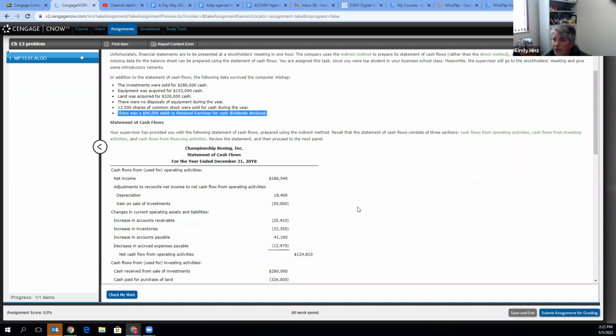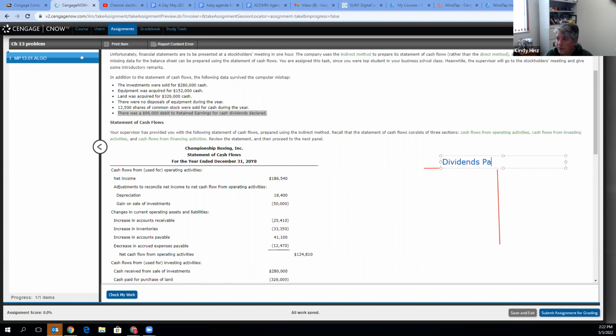So they declared, this one is a little bit more involved, so it might be easiest to see this if we put a T account here on the screen to figure this one out. Okay, because there's two different pieces of information we have to take into account here.